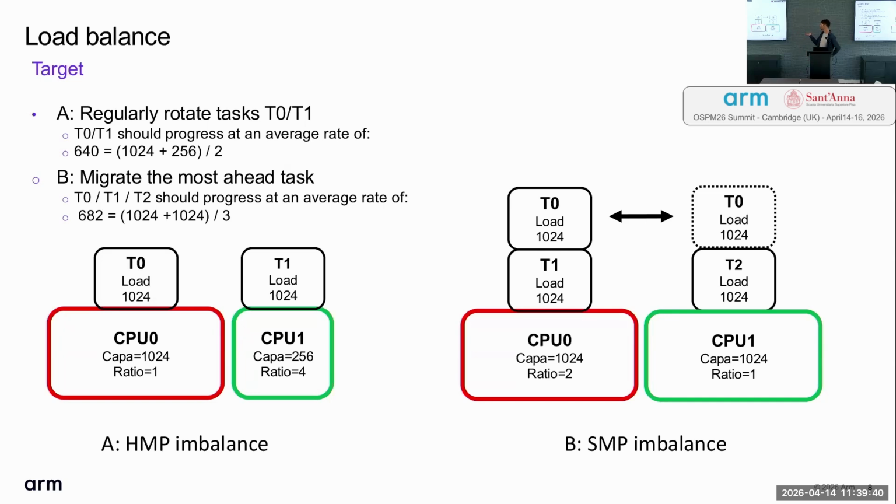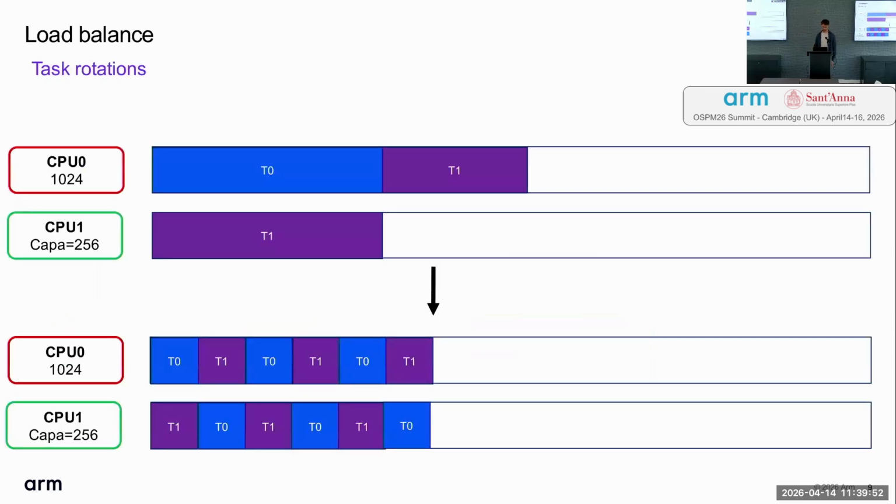So you have 3 tasks, 2 CPUs. On average, you should receive 682 capacity. Exactly how it should look is, instead of having one task running for some time on the big CPU and then migrating task 1, you should swap tasks from time to time, trying to even the progress of each task.